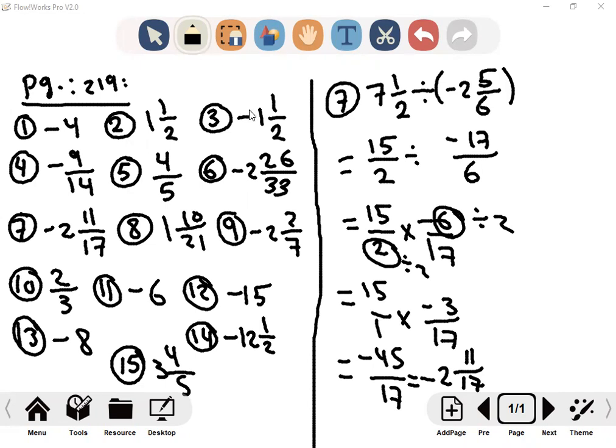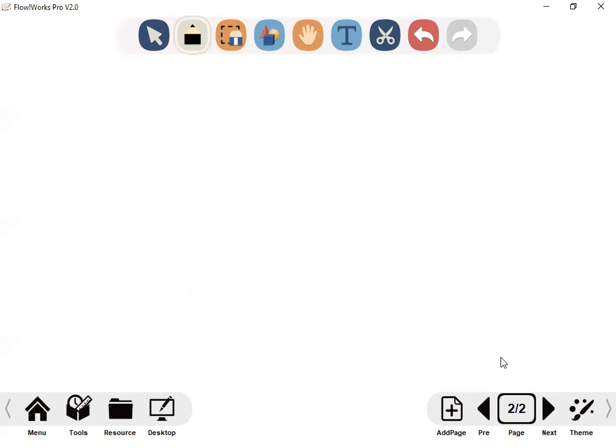Our lesson: apply rational number operations. Let's go to our new lesson, page 221. Lesson 6.